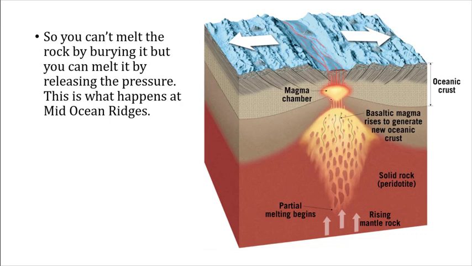And when it comes up, the pressure is released and it melts. And so now you have volcanoes along these mid-ocean ridges like you do in Iceland and Africa, places we talked about where you have these divergent plate boundaries.